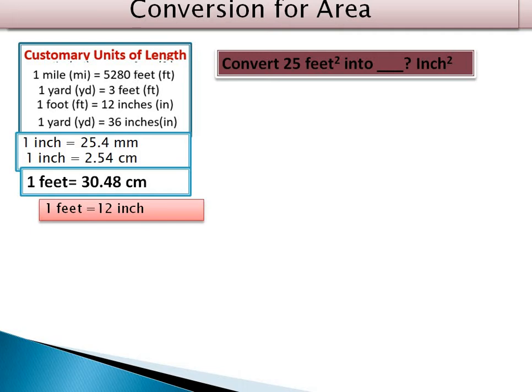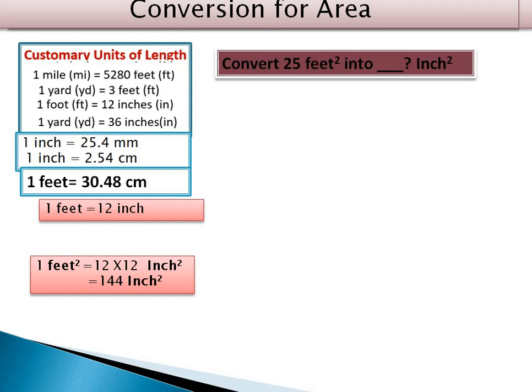Okay, again we will take one more example, the conversion of 25 feet square into inches square. Now we know that 1 feet is equal to 12 inches and 1 feet is nothing but 30.48 centimeter. So 1 feet square is equal to 12 into 12 inches square, so it is equal to 144 inches square.